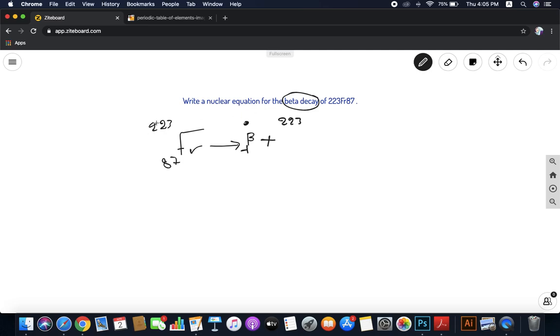Both of them have the same atomic mass, the product and the reactant. So the first one is conserved. The second one is 87, here -1. So I need a number plus -1 to give 87. So I will write 88.